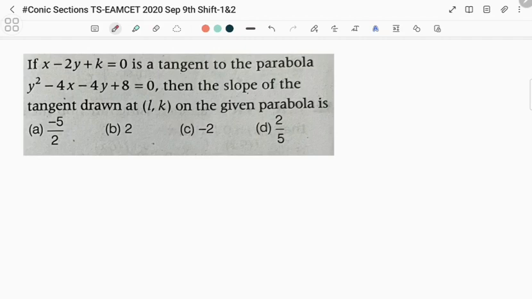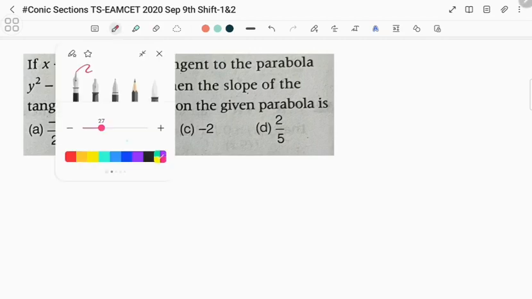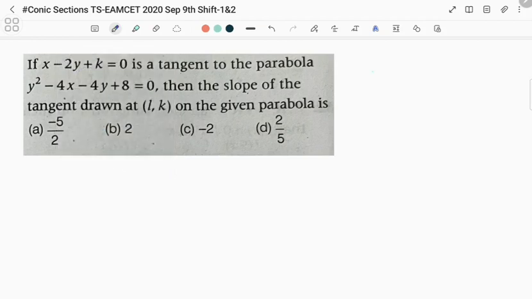So first, what is the given line? The given line is x minus 2y plus k equal to 0.